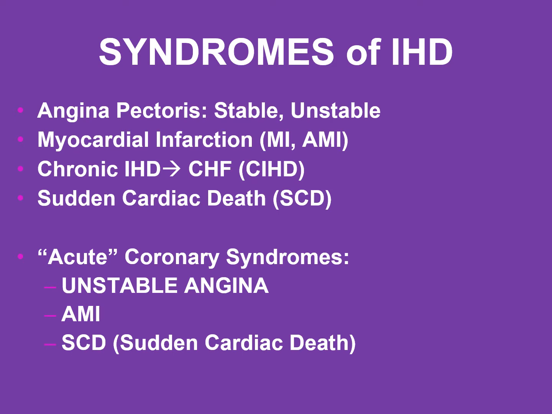Eventually, your IHD is correlated with your myocardial infarction. So if you have chronic ischemic heart disease and you don't develop myocardial infarctions, more likely the endpoint will be your congestive heart failure, and you can also develop sudden cardiac death.